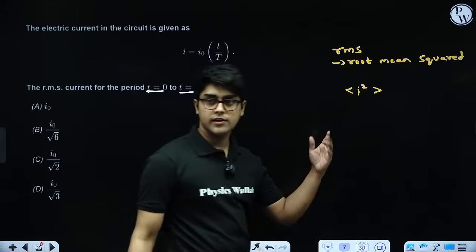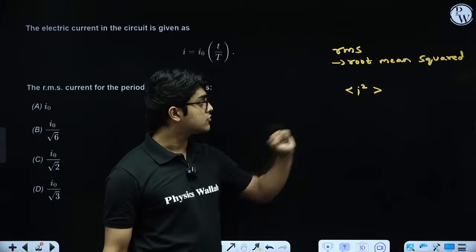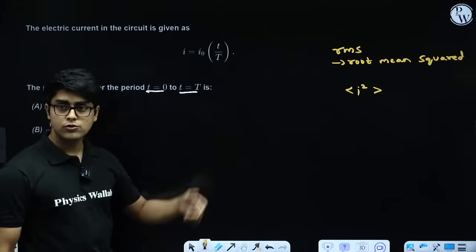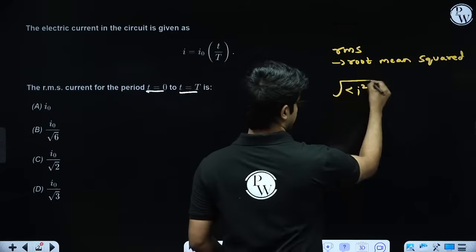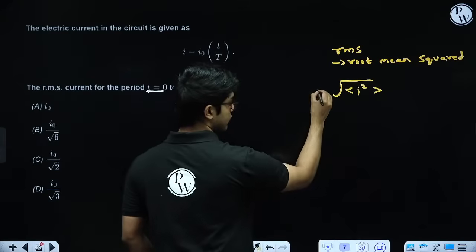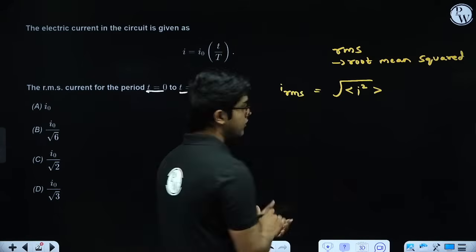We find the average value of this I square function from T equal to 0 to T equal to T, and then we take the square root of it. This is the definition of the RMS current value.